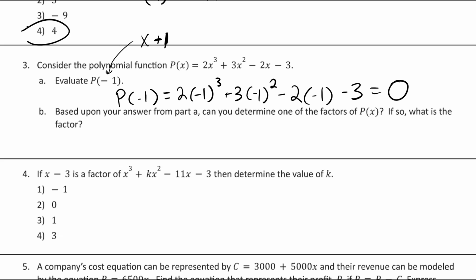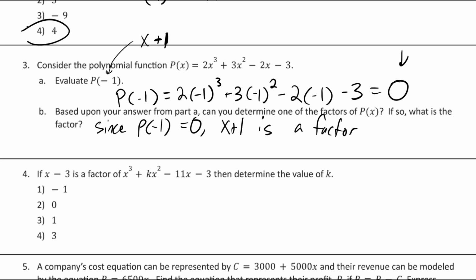So if my remainder is 0, then I could say, since p of negative 1 equals 0, x plus 1 is a factor of p of x. So that's because that 0 represents the remainder, and I got the x plus 1 just really by taking the opposite sign of that.